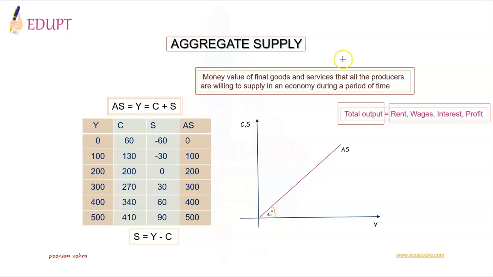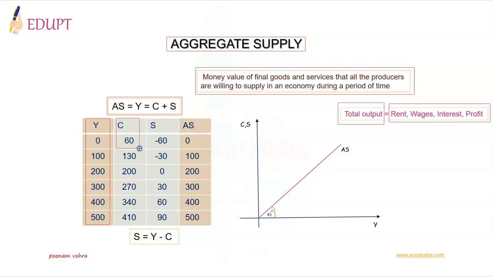Let us understand this with the help of a numerical example and its diagrammatic presentation. Now, total output or income has been given varying from 0 till 500. Consumption is given, that is, when income is 0, consumption is 60.